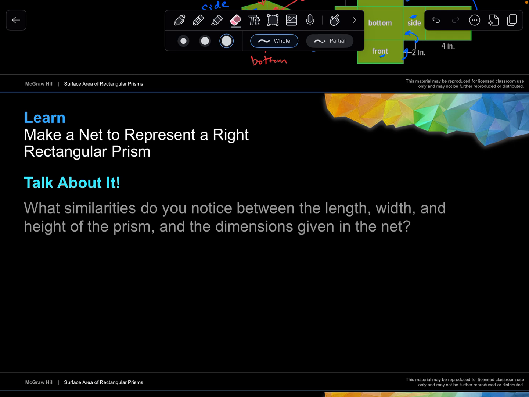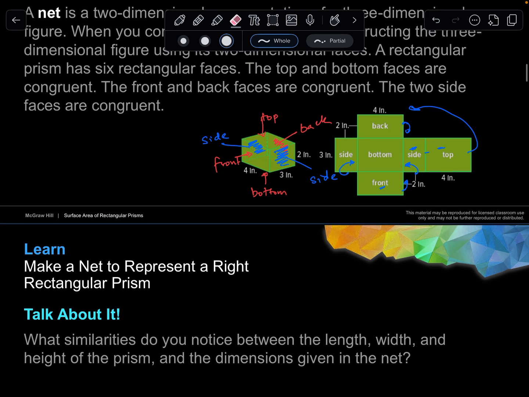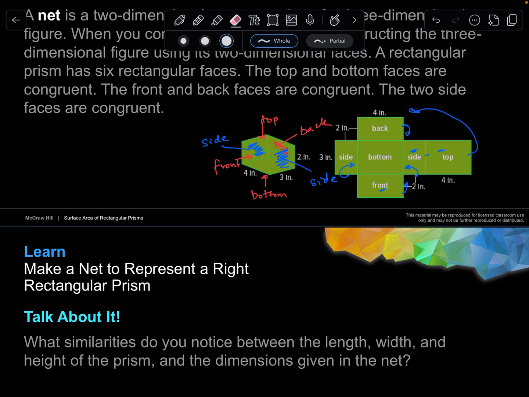Now you can see the dimensions given in the net. The bottom face has these 2 dimensions, 4 inches and 4 inches.